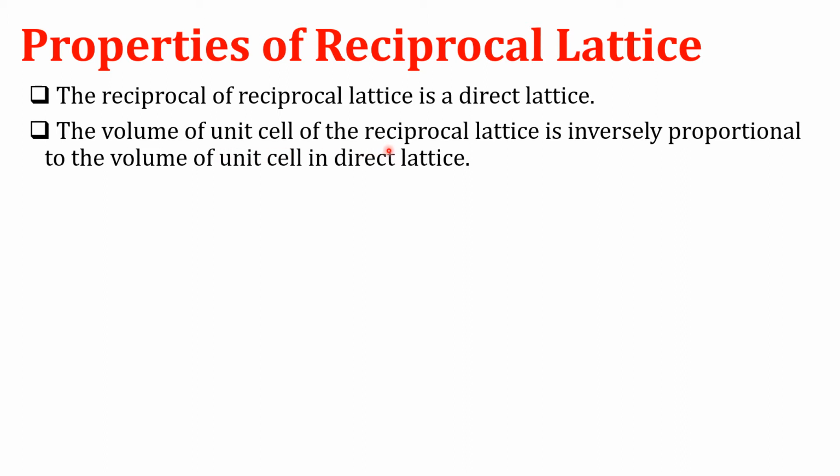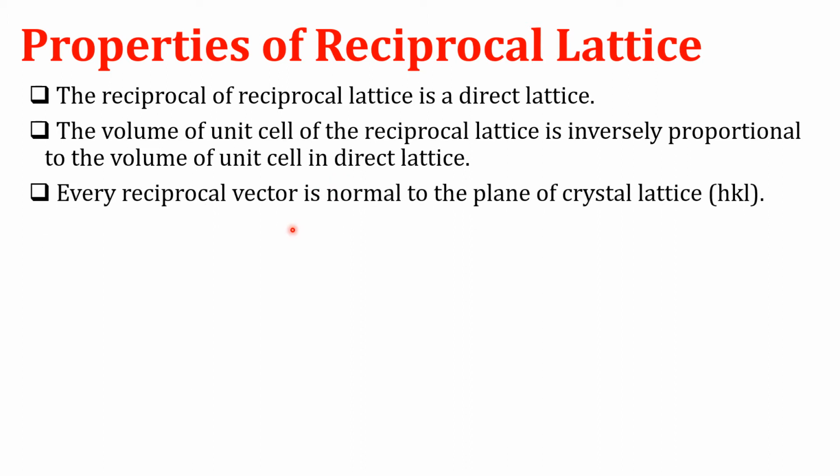This is the volume of unit cell. That volume is inversely proportional to volume of unit cell in the direct lattice. Volume of unit cell in direct lattice is vector A dot vector B cross vector C. Both these volumes are inversely proportional to each other. That term we also prove here.